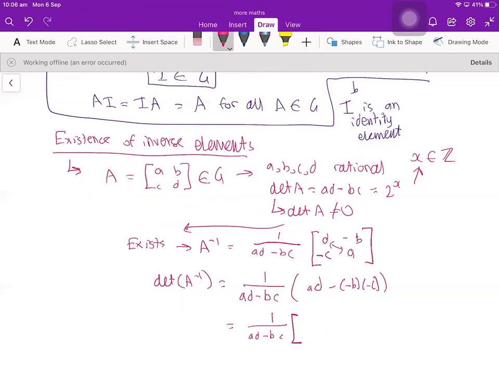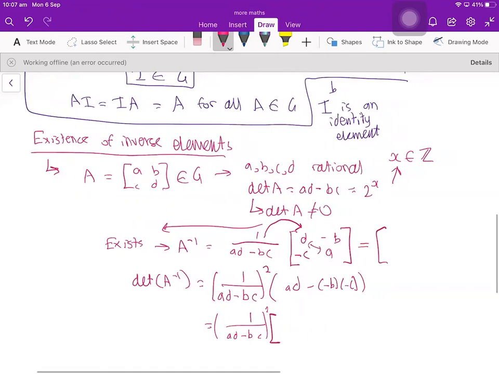Oh wait, this should be squared. Because when we take this factor into here, we'll have to multiply it by itself. For example, we have D over AD minus BC and negative B over AD minus BC, negative C over AD minus BC, and A over AD minus BC.